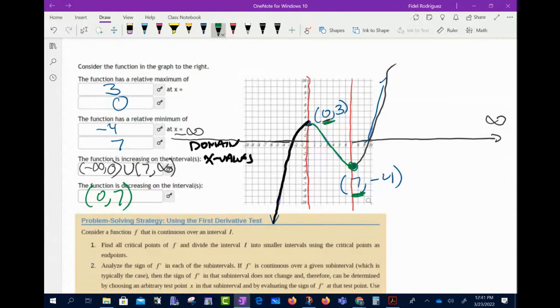Because who's to say that, well, at 0, it was increasing? Because we're talking about, look what it says right there, interval. So that tells me I'm looking, the (0, 7) is not a point, it's an interval. Does that make sense?